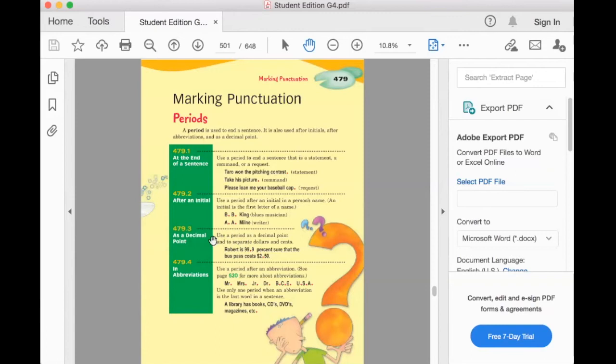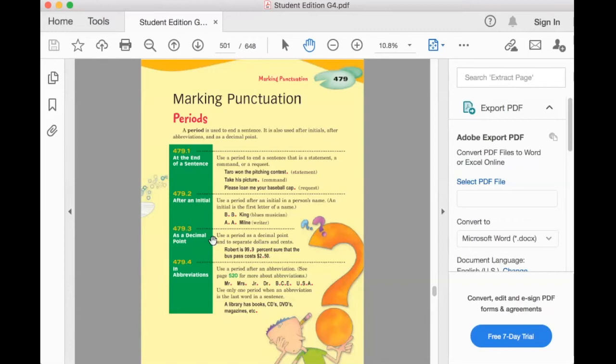Use a period as a decimal point and to separate dollars and cents. Robert is 99.9% sure that the bus pass cost $2.50. Use a period after an abbreviation.